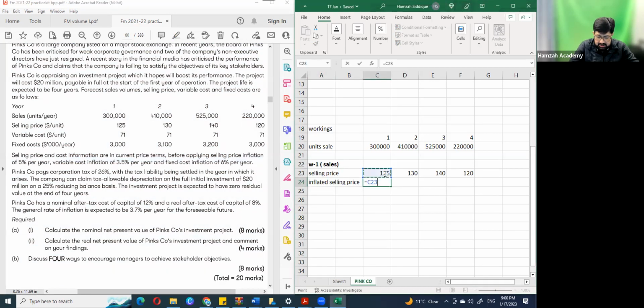This multiplied by 1.05 raised to the power of the number of years. For how many years does it have to be inflated? This 5% inflation every year. Just check this formula. Inflated selling price.